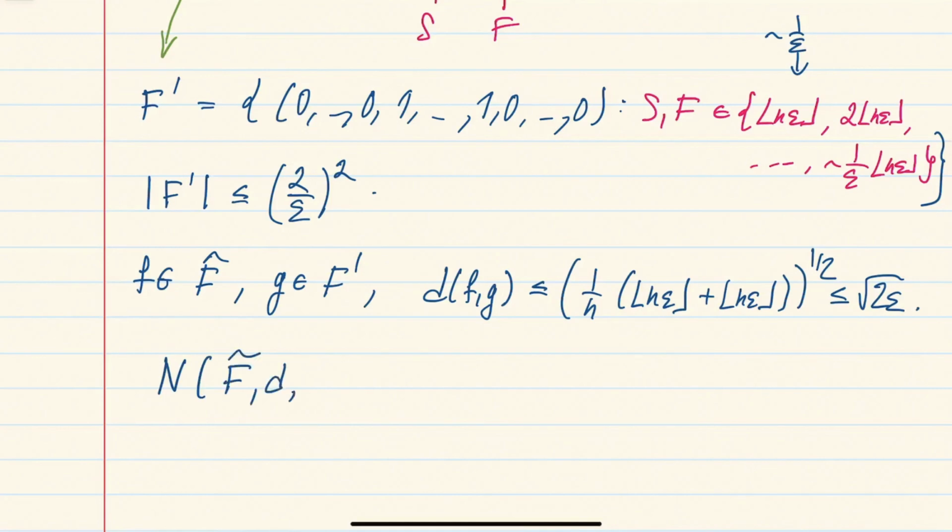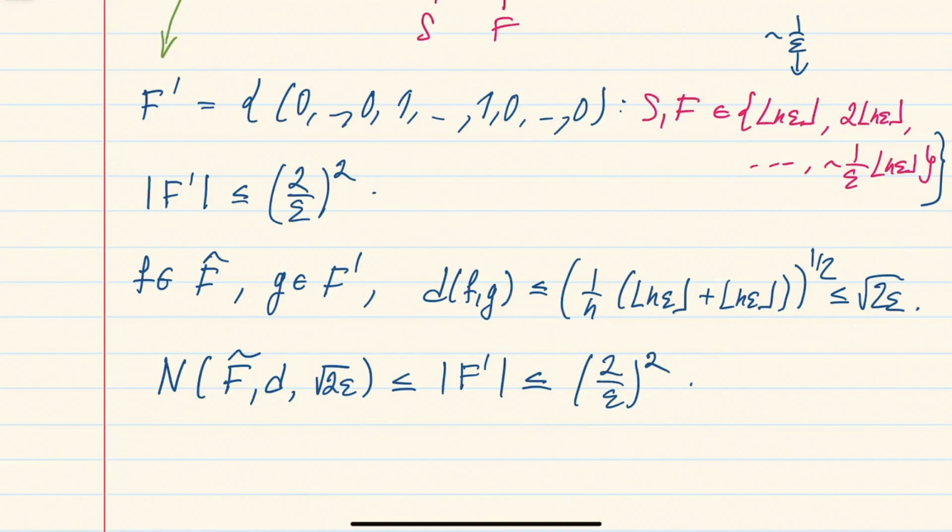And of course what this means is that the covering number of our set f tilde, with distance d at square root of 2 epsilon is at most the cardinality of this set f prime, right? Because the points in f prime approximate all other points in the set we want within this distance. And we already said that the cardinality is bounded by 2 over epsilon squared.